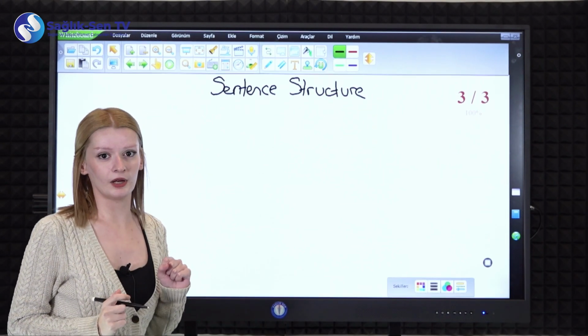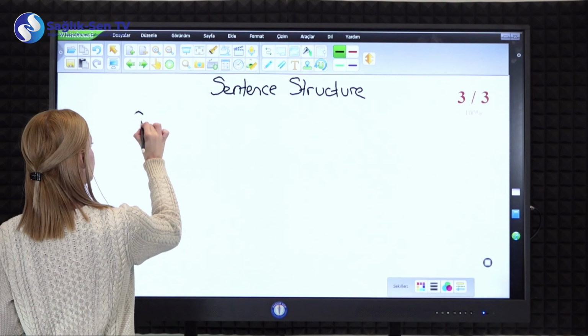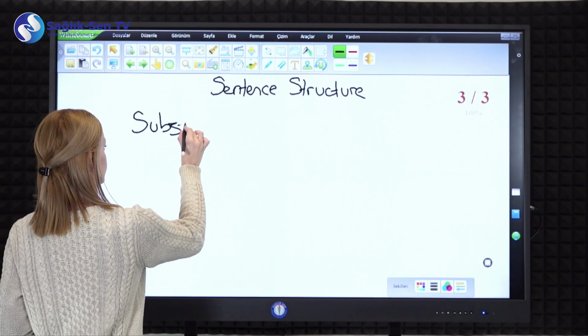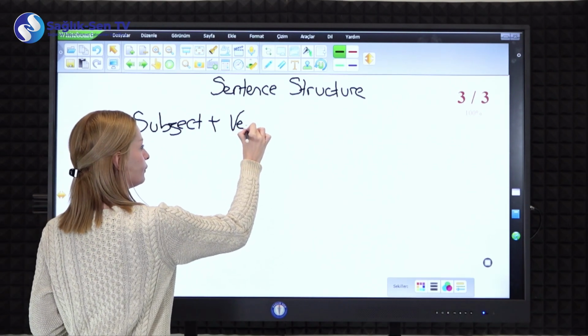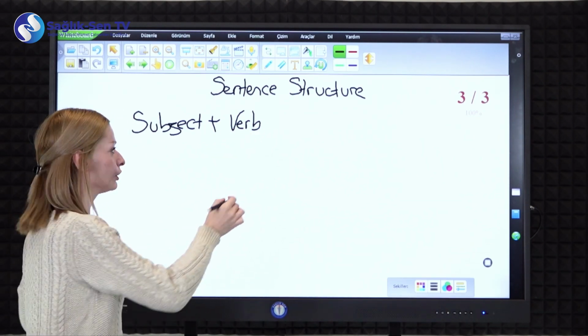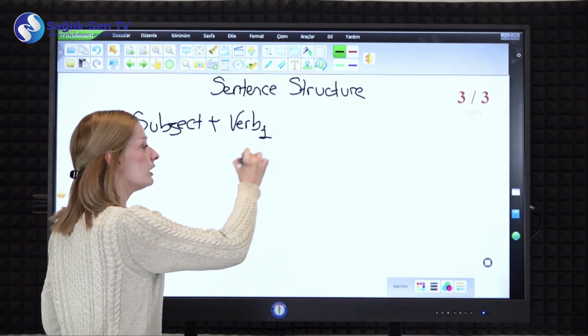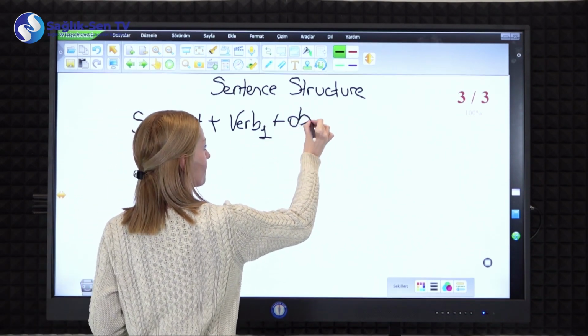Cümle yapımızdan bahsedeceğiz. Subject, of course, then our verb. Verbümüzün hangi halini kullanıyoruz? Verb 1 and object.